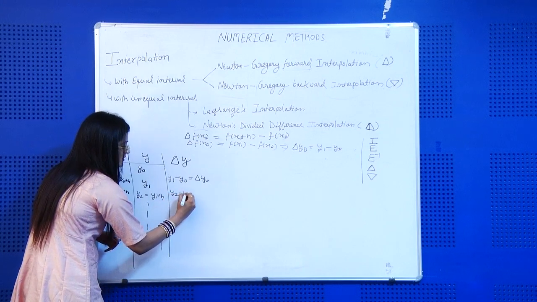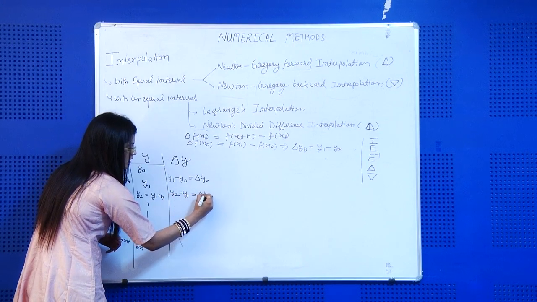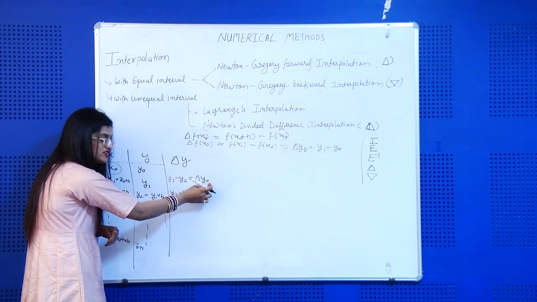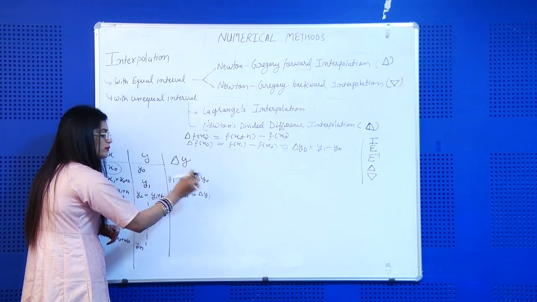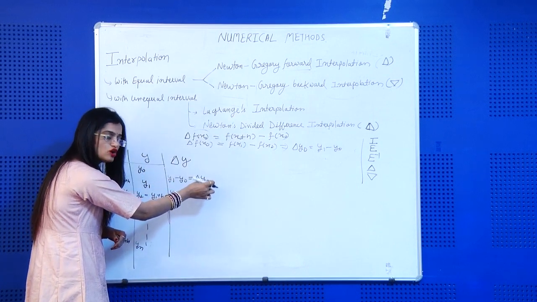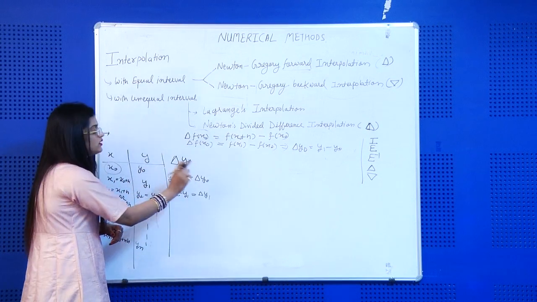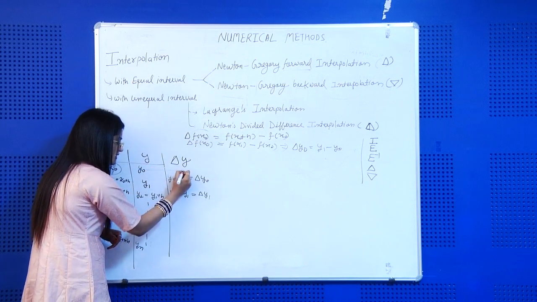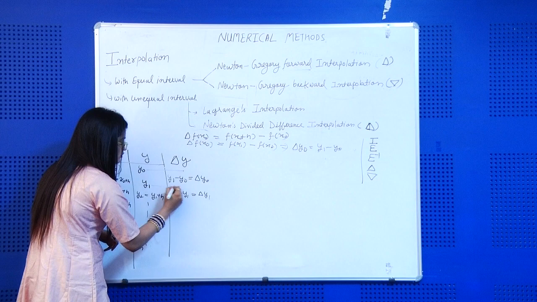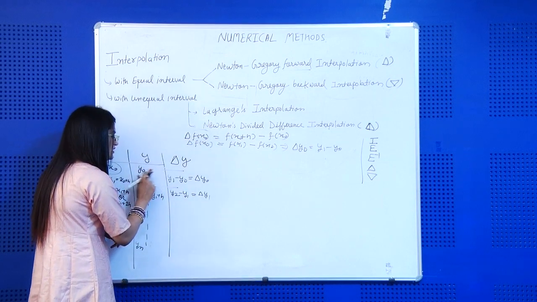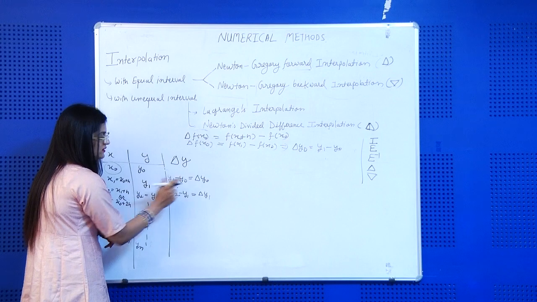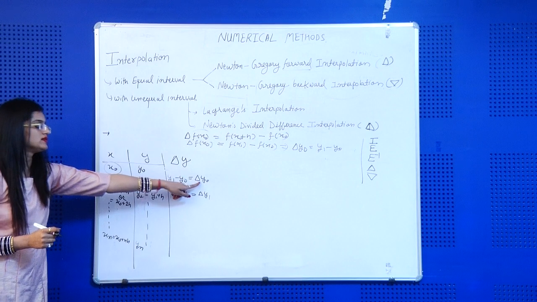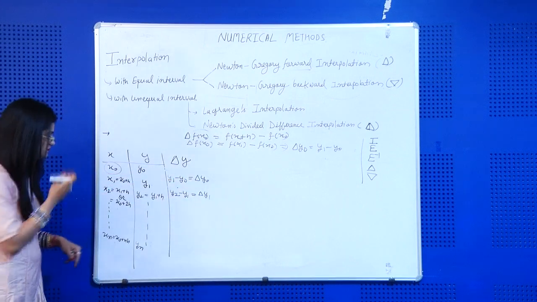Then y2 minus y1 gives the value of delta of y1. The position of delta of y naught is always between these two data. You can't place delta of y naught at the same position as y naught or as y1. Every time you have to place delta of y naught between y naught and y1, because delta of y naught is a difference.